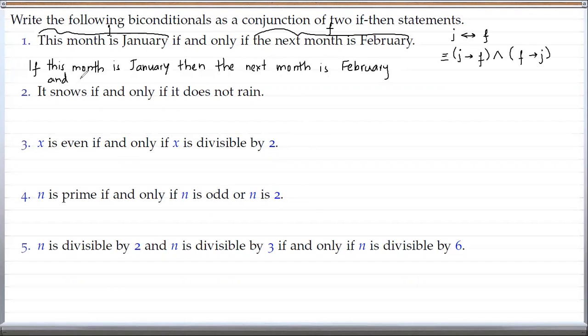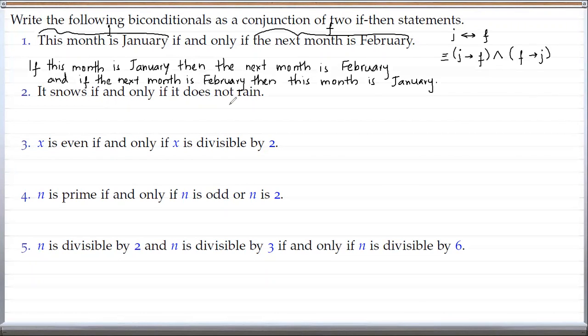And the other direction is F implies J. For that, we can write: if the next month is February, then this month is January. Now let's look at the next example.